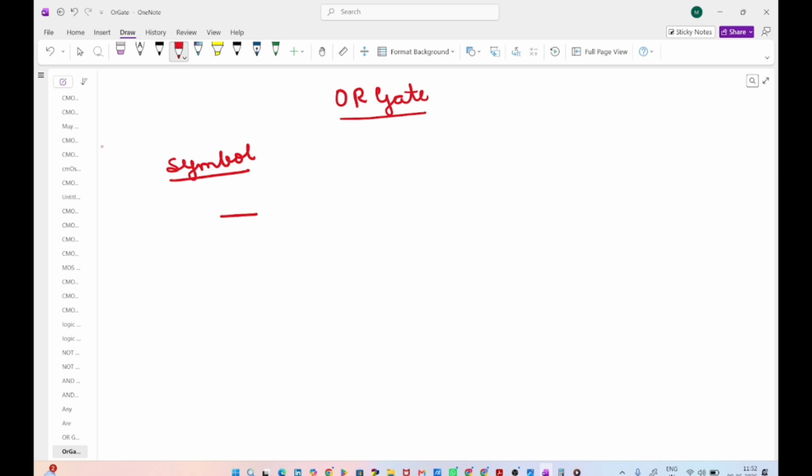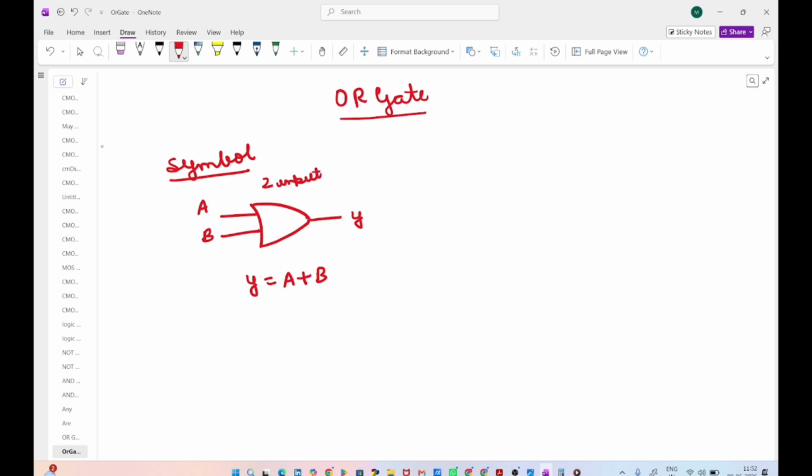Let us write the symbol for the OR gate. Like this is A, this is B, output is Y. Y is equal to A plus B. This is for two input.